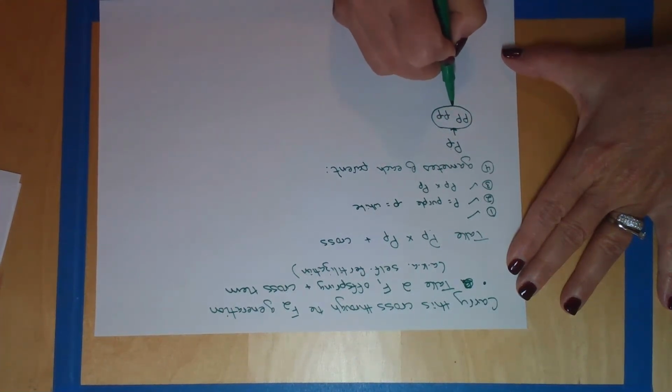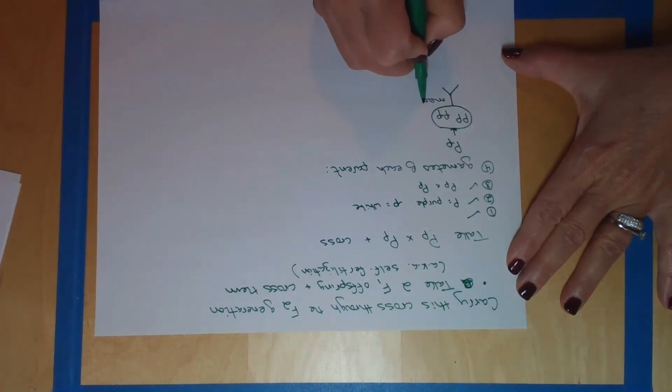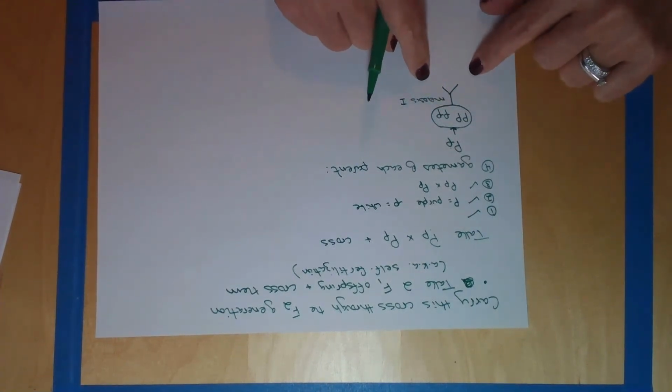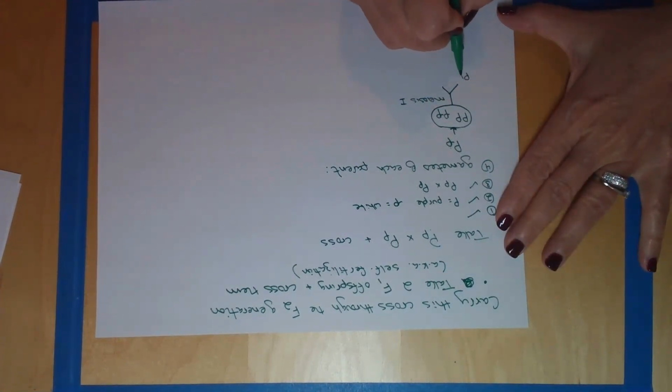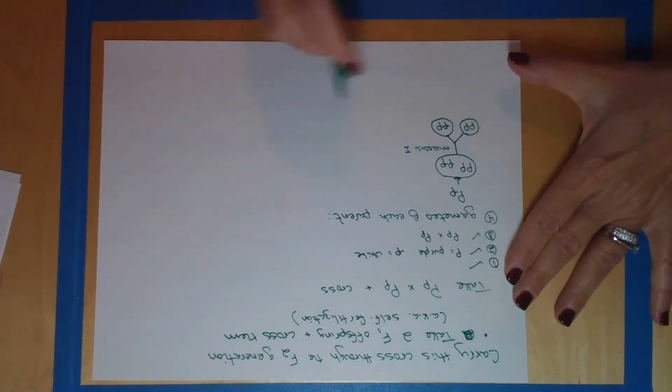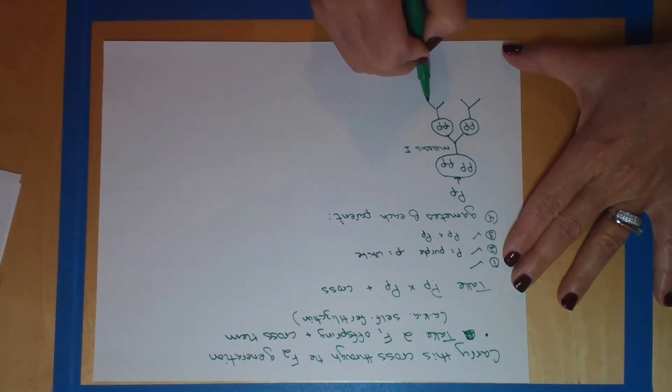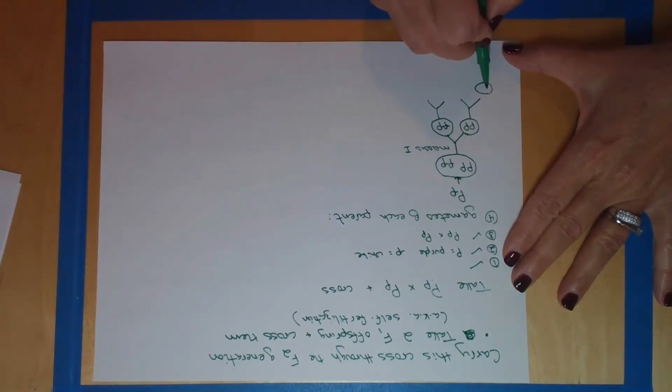And then this goes through meiosis 1, where we separate the original chromosomes. Now, but they are still connected to their sister chromatid, right? And so meiosis 2 separates our original chromosome from its copy.